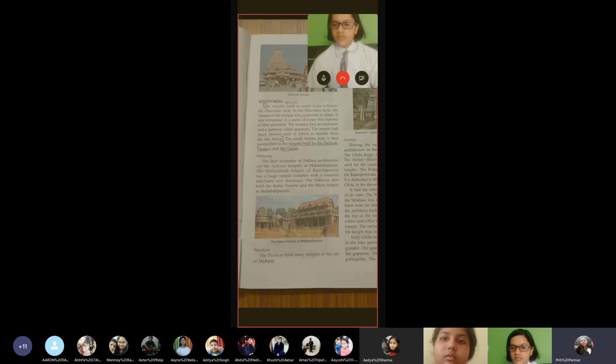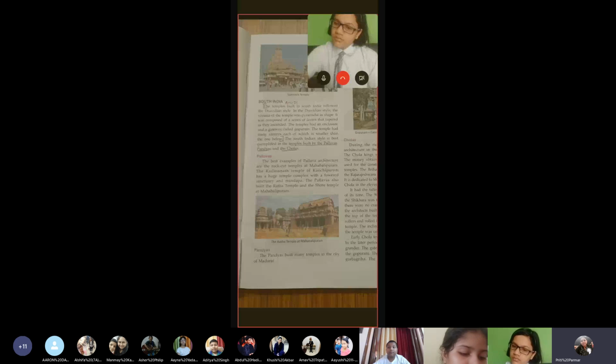The best example of the Pallava architecture are the rock cut temples at Mahabalipuram. Please underline this, rock cut temples. That means they were built out of huge rocks. The rocks were cut, and Mahabalipuram temples are the best examples of the Dravidian style temples in the south built by the Pallava rulers.